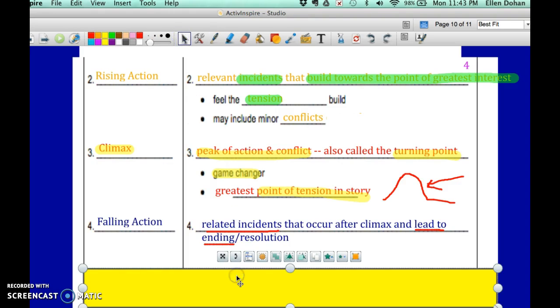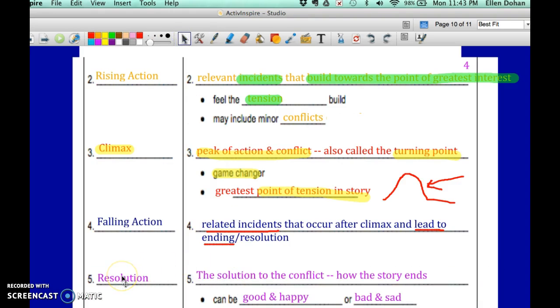And last but not least, we have the resolution. The resolution refers to the solution to the conflict, in other words, how the story ends. It's very important to know that an ending can be good and happy, so smiley faces all around, or it can be bad and sad. That can depend on your interpretation of a story.